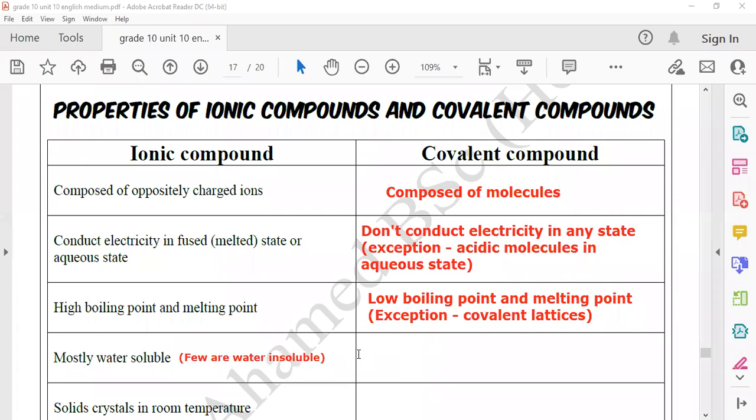Here the story is opposite. Covalent compounds are mostly water insoluble. That means few are water soluble. Correct? Are you clear?